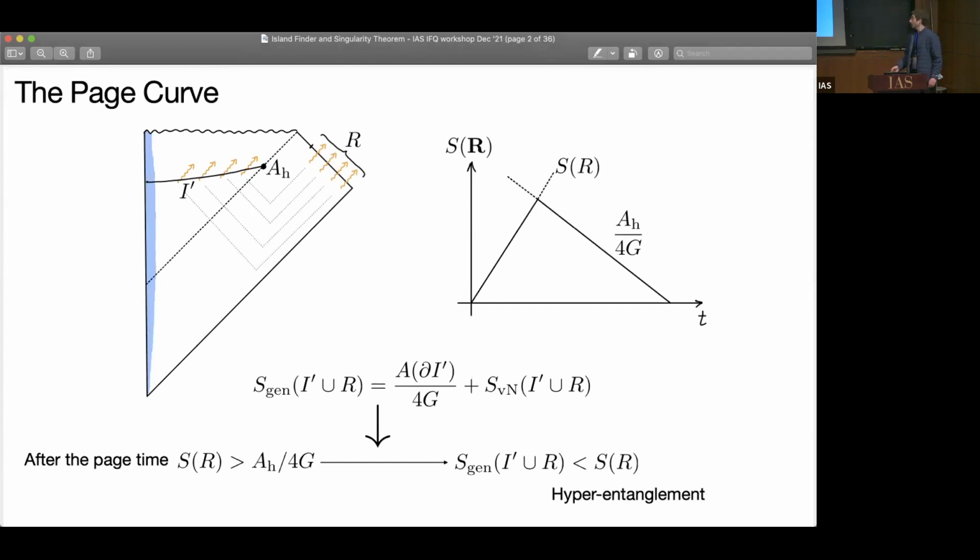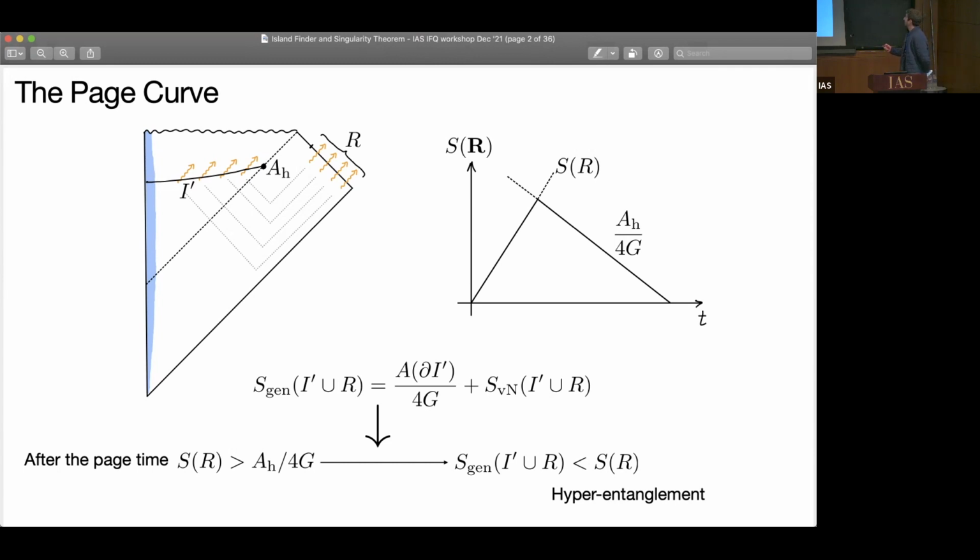Okay, so let me start with the Page curve of an evaporating black hole. If we think that the area of the black hole divided by 4G is a count of the number of degrees of freedom that the black hole is made of, we think that after the Page time, the von Neumann entropy of the radiation differs significantly from the semi-classical prediction for the von Neumann entropy.